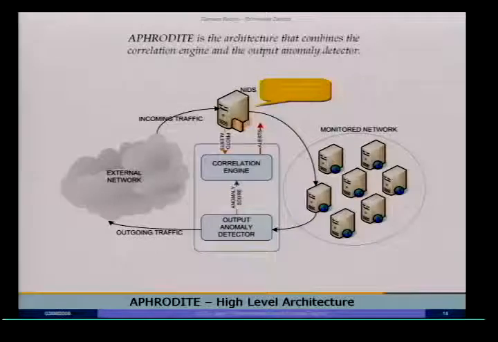It inspects the payload and produces an anomaly score, and if this score exceeds a given threshold, the correlation engine will produce the alert. If the threshold is not exceeded, the alert is considered a false positive, the IT personnel will not be disturbed, and the traffic flows normally out of our network.